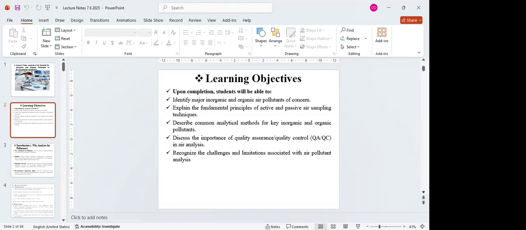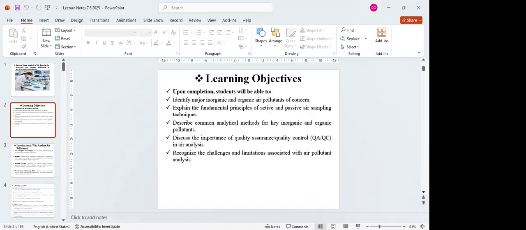One of which is that at the end of this interaction, you should be able to identify major inorganic and organic pollutants that are of concern to humans and the environment, because it's not just about humans. The animals are also affected, the insects are affected, every living organism within the biosphere, they are all affected in one way or the other. So we should be able to bring you up to speed on identifying major inorganic and organic pollutants that are of concern.